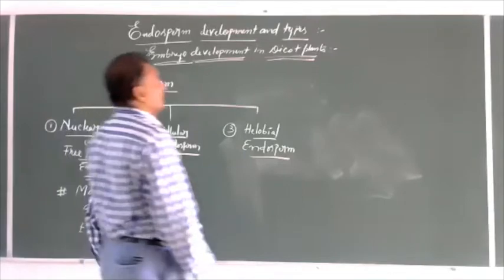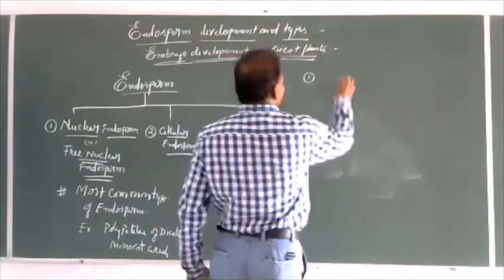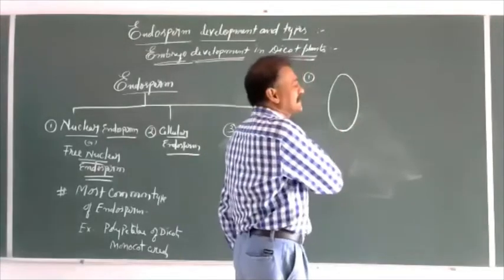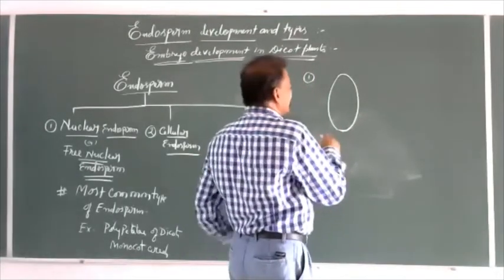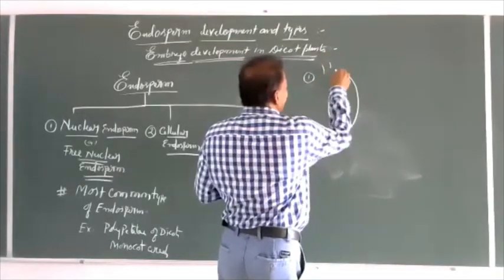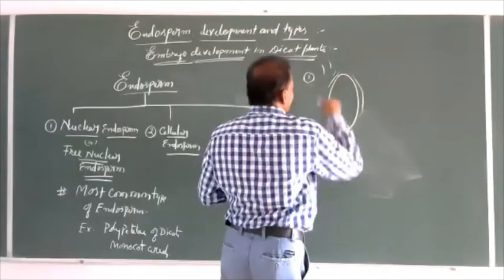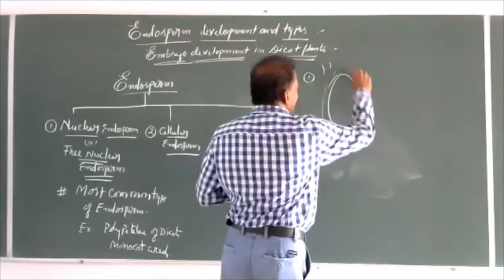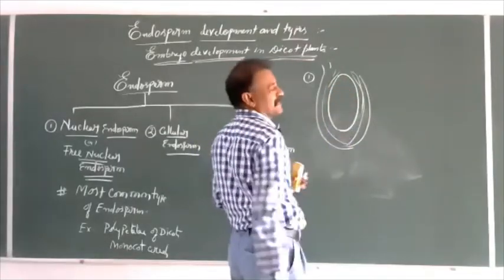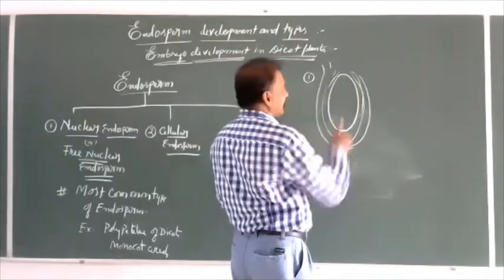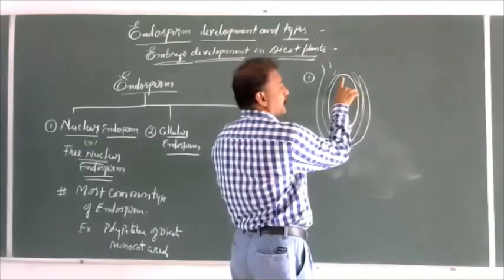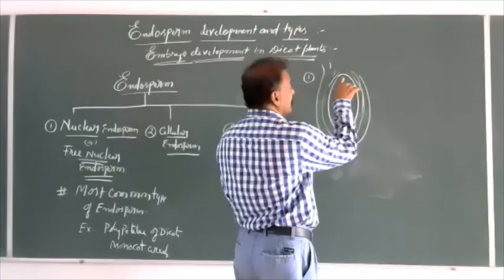Let us see. In this, at one place, if we see this overview like this, imagine this is the embryo sac. Here our egg apparatus finished. Zygote is going to develop.